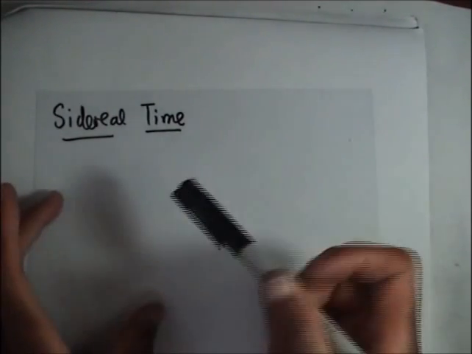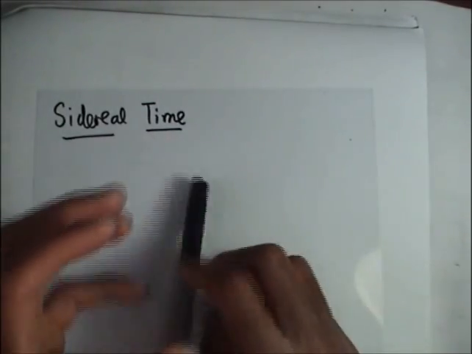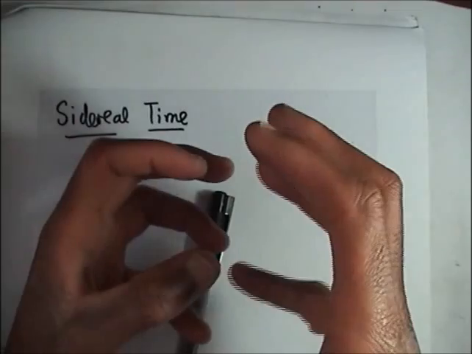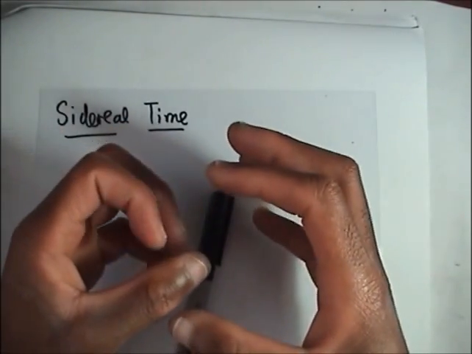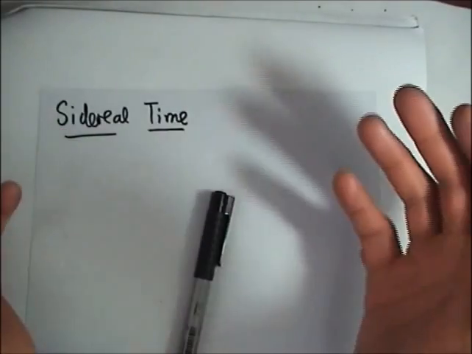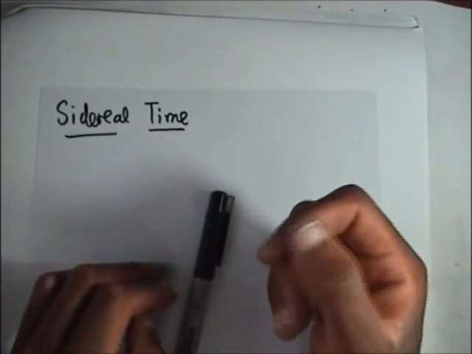If you remember from our previous videos, when the Earth rotates, the celestial sphere tends to rotate in the opposite direction. If you don't remember, you can go to the video about the celestial sphere.